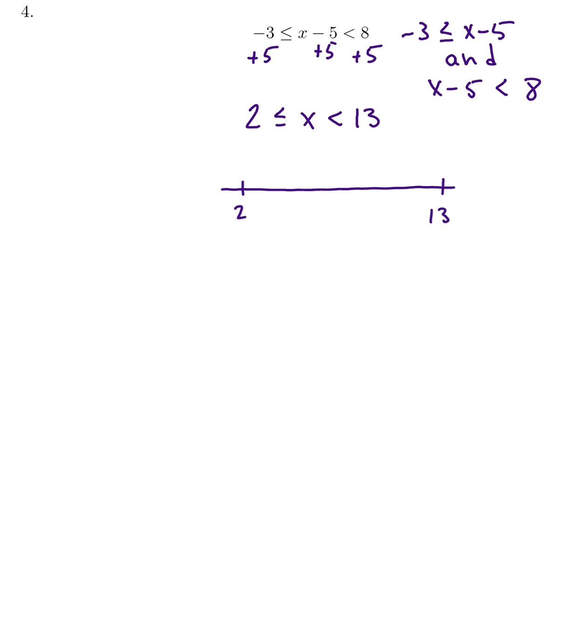This tells us that our solutions are between 2 and 13, including 2 because of the equals to here, and not including 13 because it's just less than. We can go straight to writing this in interval notation, bracket around the 2 because it's equal to, and parentheses around the 13 because that did not have the equals to sign.